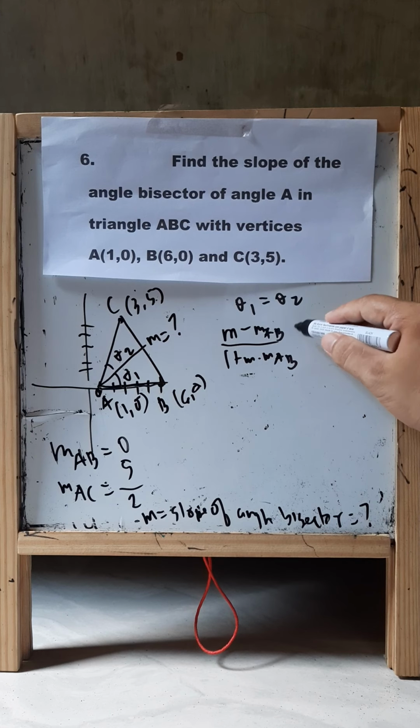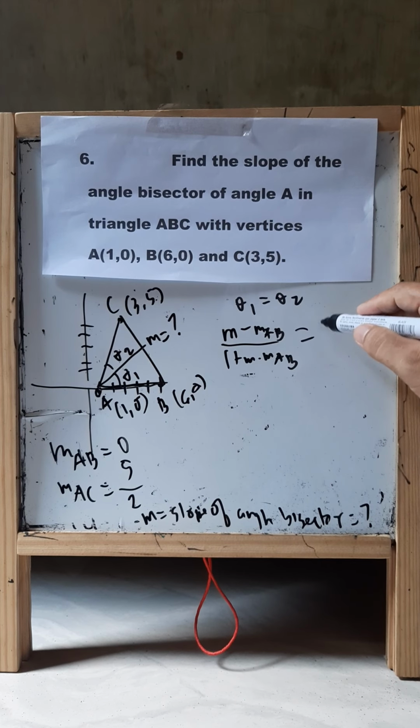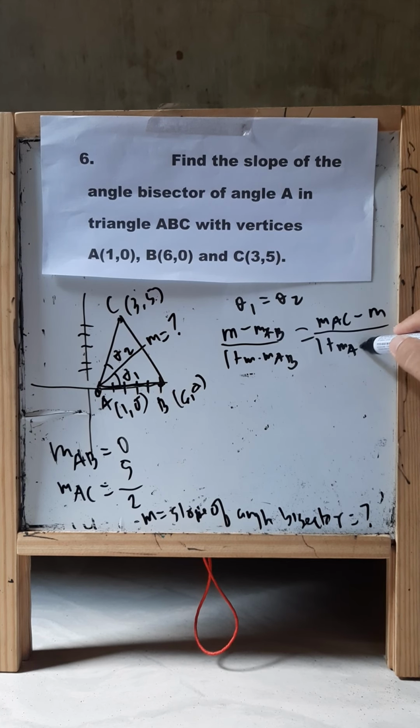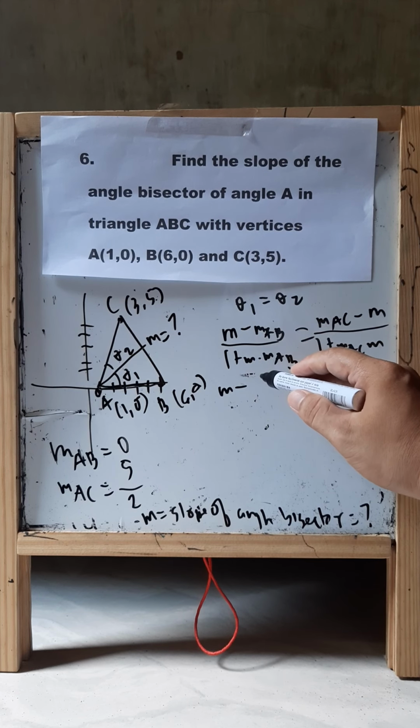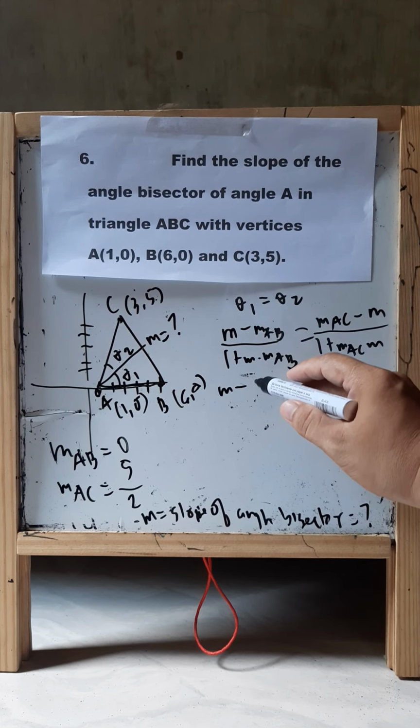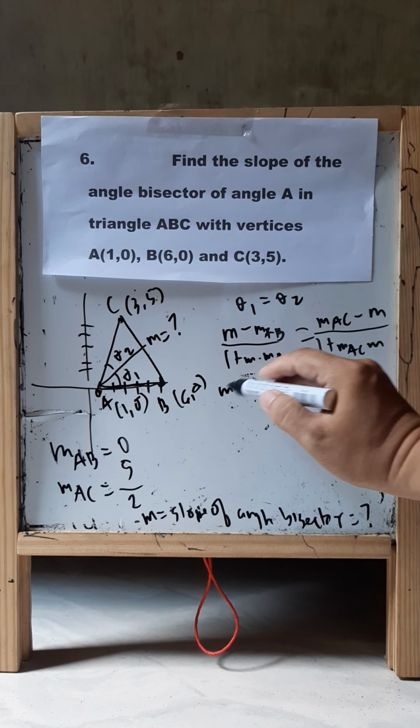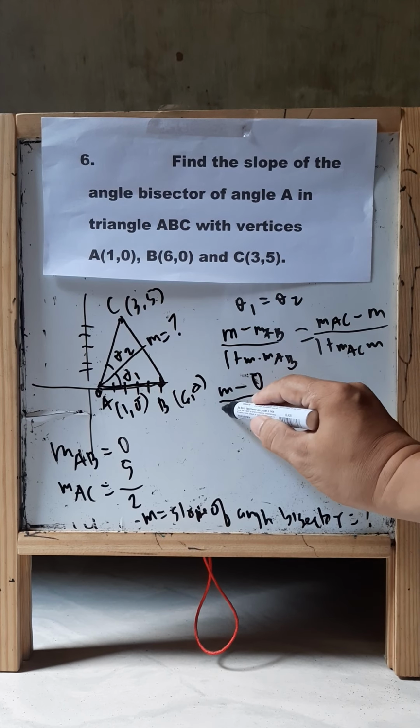So let's continue. Equals, for theta 2, slope of AC minus m over the product of slope of AC and m. So let us now substitute. Slope of AB is 0. m minus 0 over 1.